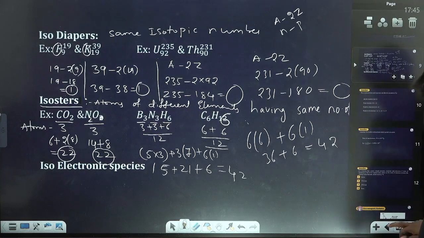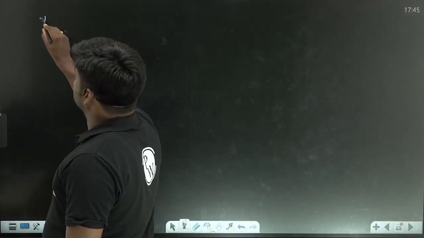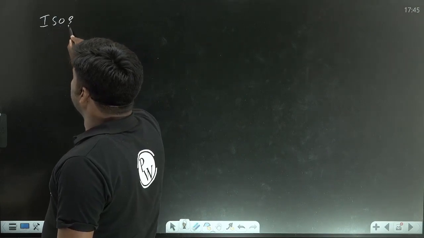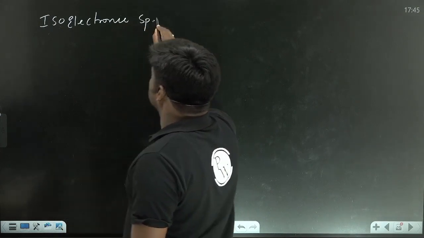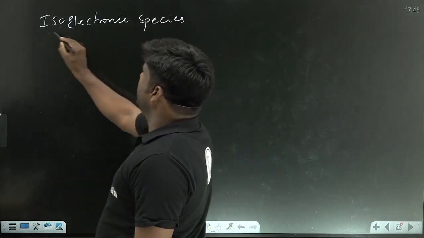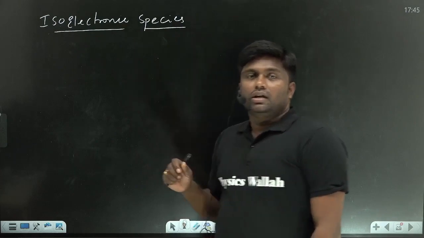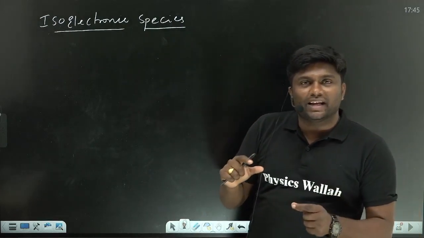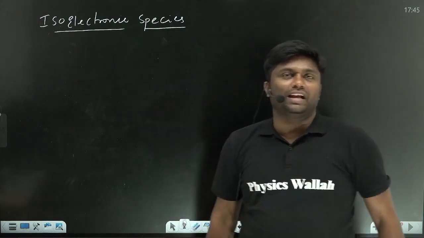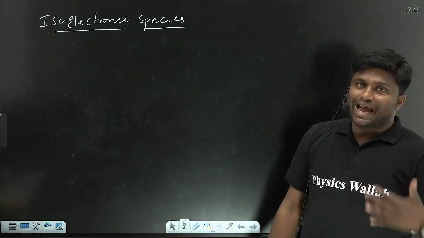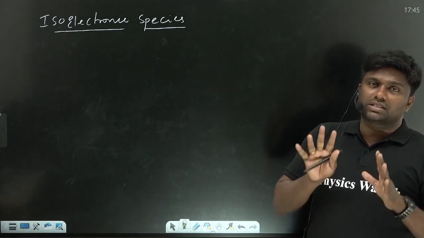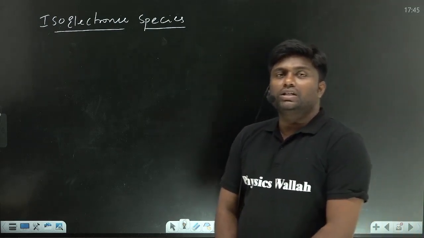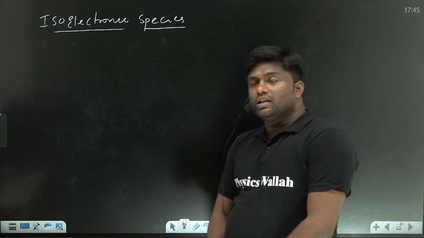isoelectronic species. What is that? Isoelectronic species. What do you mean by isoelectronic species? Isoelectronic species are particles having same number of electrons. Either they may be atoms or ions. Atoms or ions having same number of electrons is called as isoelectronic species.